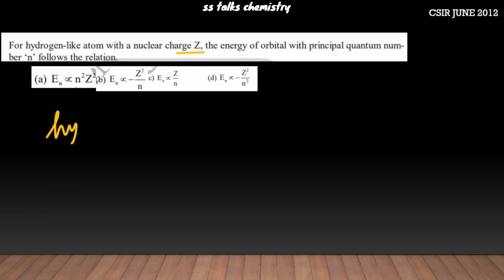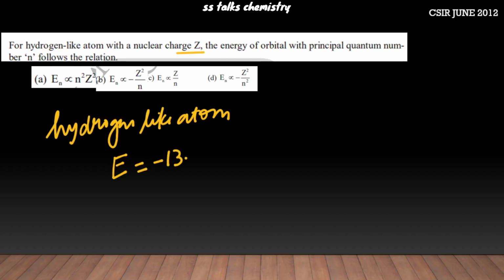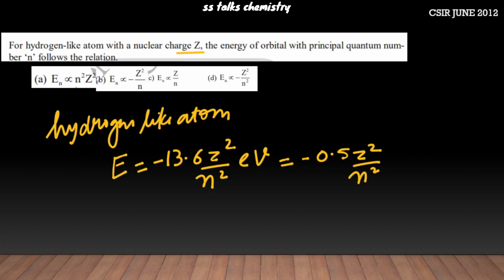So for hydrogen-like atoms, we know that energy is minus 13.6 Z square upon n square in units of electron volt, or it is equal to minus 0.5 Z square upon n square in units of atomic unit, right? So we are seeing that the energy value is proportional to minus Z square upon n square. So this is going to be the answer.